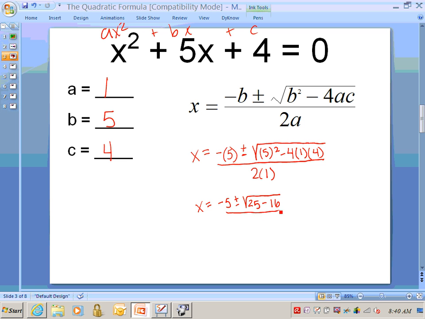All over 2 times 1 is 2. Okay, and then I'm going to go again. X equals negative 5 plus or minus the square root. 25 minus 16, 9, all over 2.